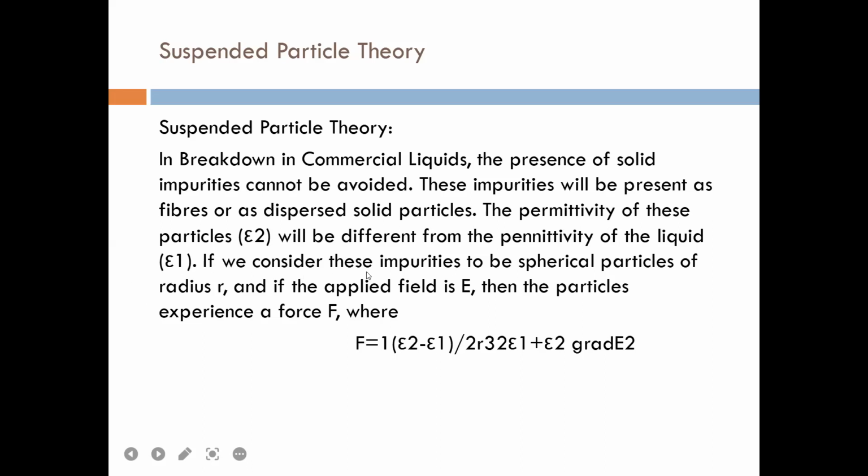If we consider these impurities to be spherical particles of radius r and the applied field is E, then the particle experiences a force F is equal to 1 into (epsilon 2 minus epsilon 1) divided by 2r cube (2 epsilon 1 plus epsilon 2) gradient of E square. So this is the simple suspended particle theory.